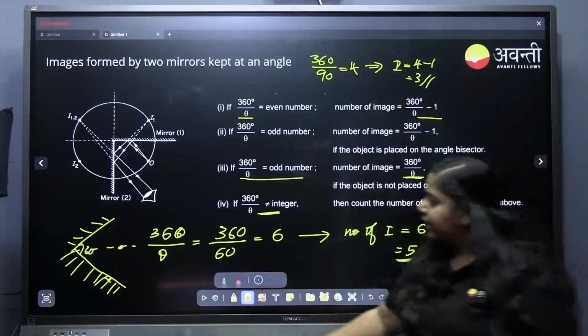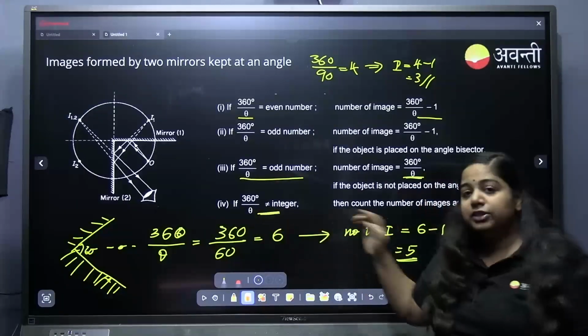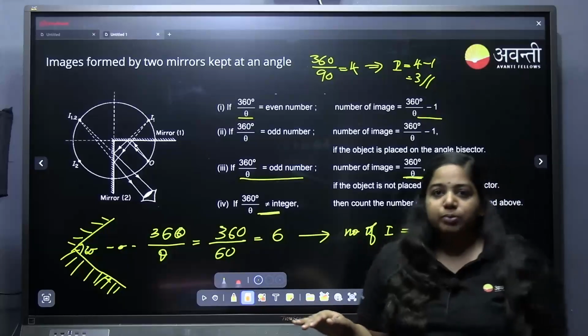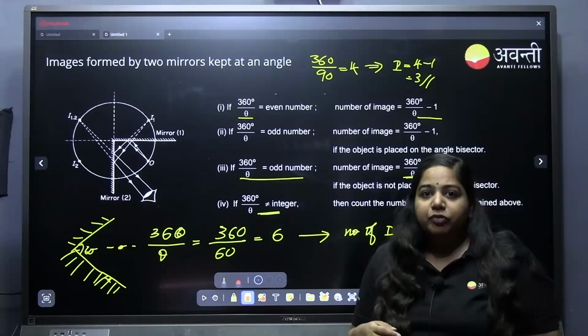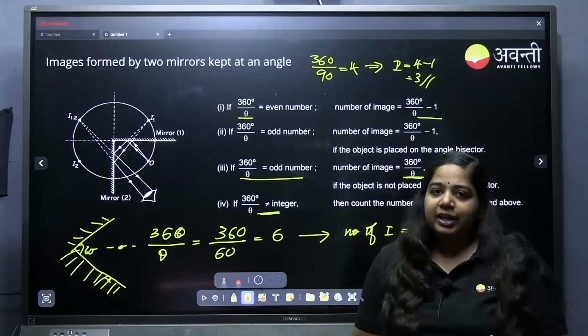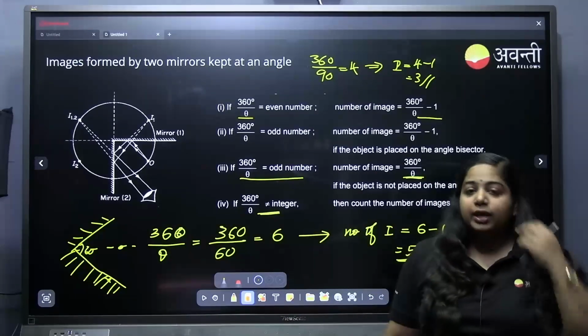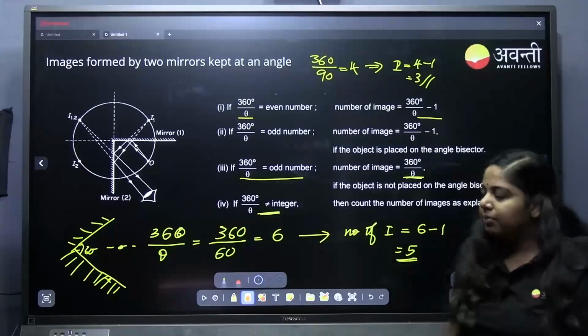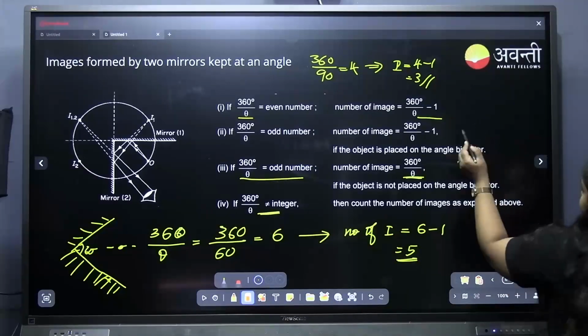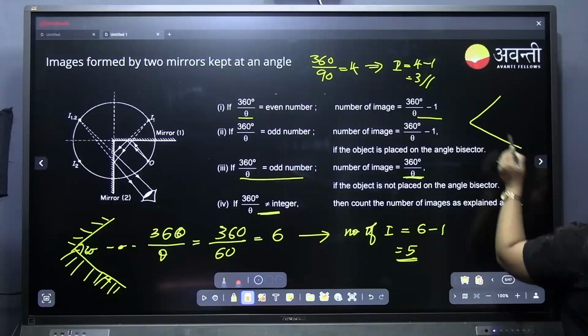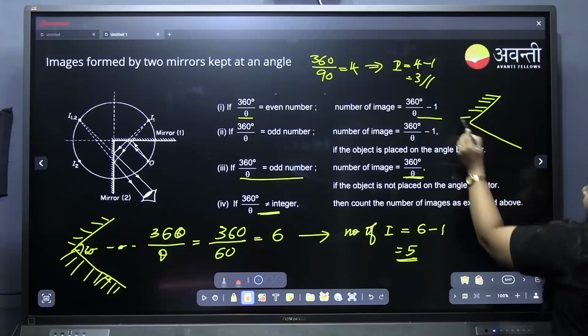Next one, 360 by theta is not an integer, which means like 360 by 70. It won't be an integer value, it will be a real number. Then we can't use any of these. We have to count the images separately. How we will do it: here are the mirrors.